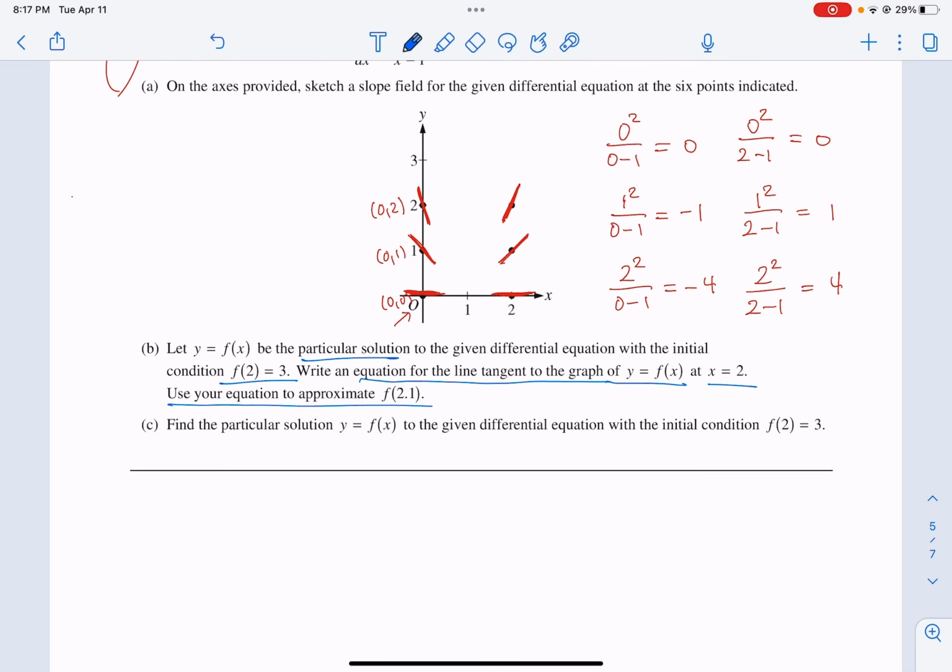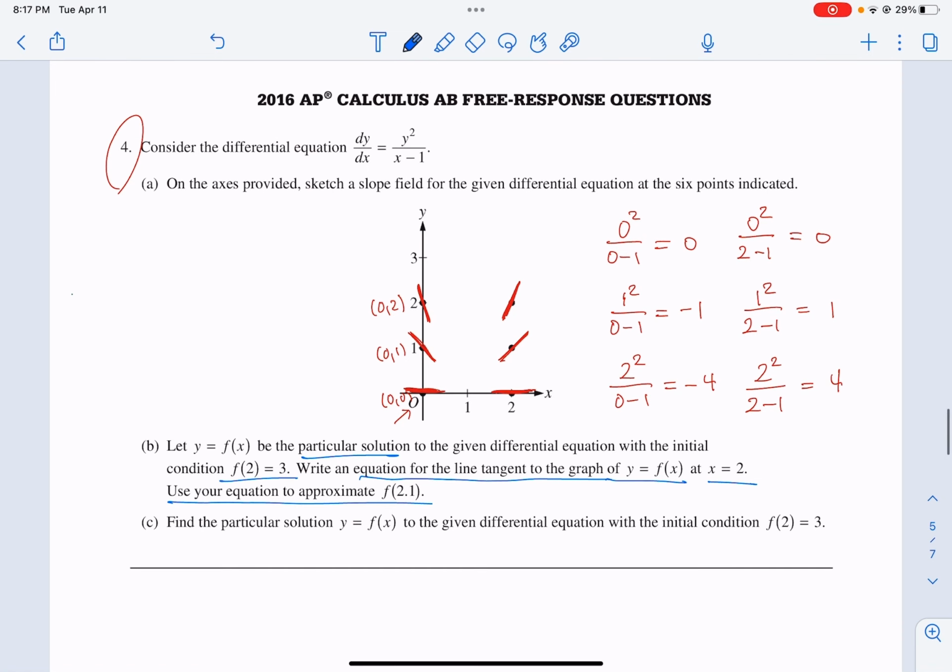So why would we even want to do this in the first place? Well, graphs that are complicated, that may have natural logarithms and other things like that, tend to use a lot of computing power to get those outputs.